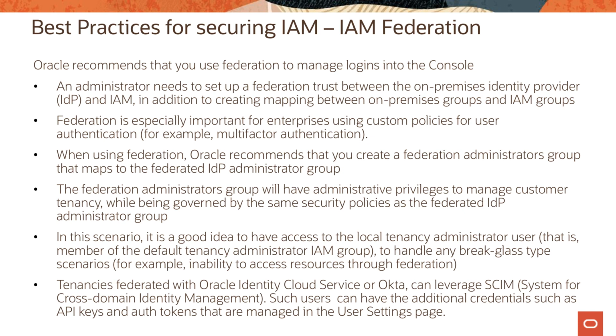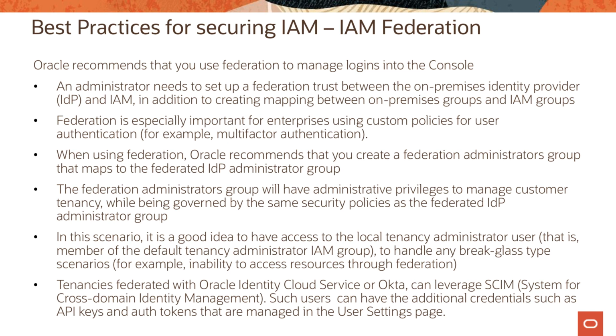And to federate, an administrator needs to go through a short process to set up a relationship between the identity provider and OCI. This is typically referred to as the Federation Trust. So you have IDP and then you have OCI. OCI in this relationship is called a service provider, or SP. After, we will look at a quick example of the kind of steps that need to be followed.